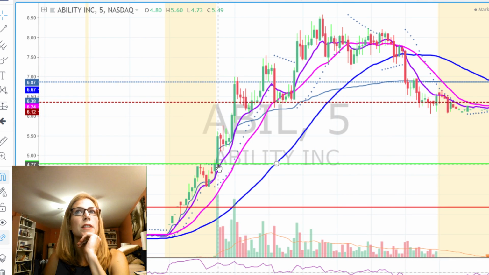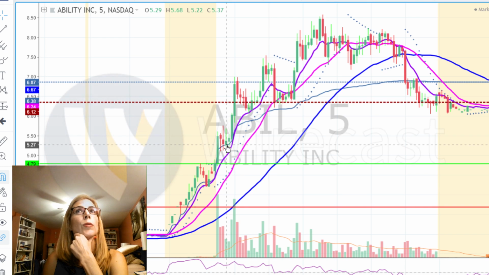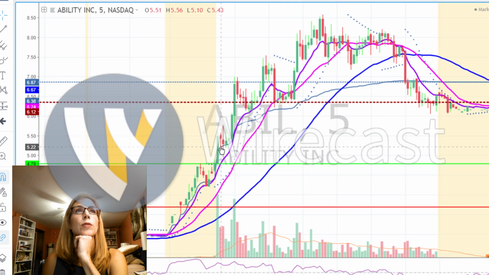Basically, I actually got in when it broke right here. I was in at 5.44, and then it never really broke down below the VWAP. It was holding it on the 5-minute chart.